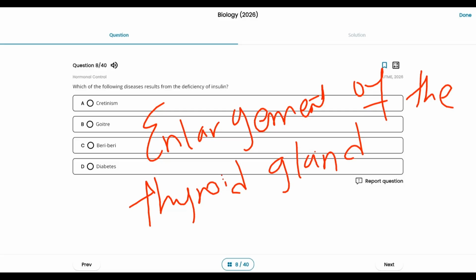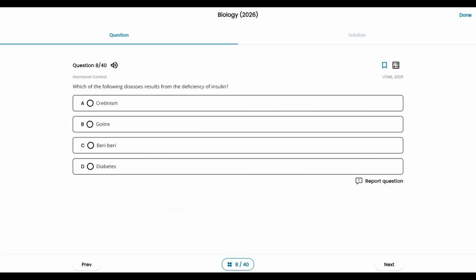That is goiter. Let's look at beriberi. Okay, beriberi results from a deficiency of vitamin B1. Vitamin B1 is thiamine.